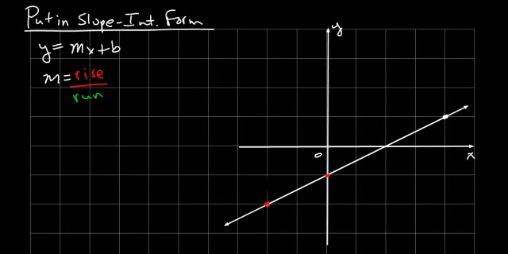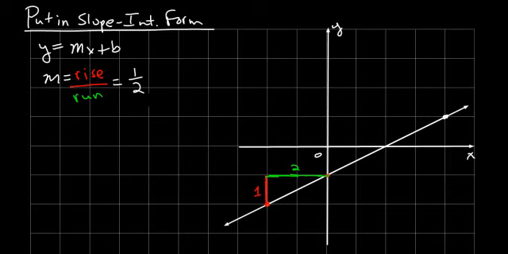So my rise is 1 and my run is 1, 2. So we get that the slope is m equals rise over run, 1/2.